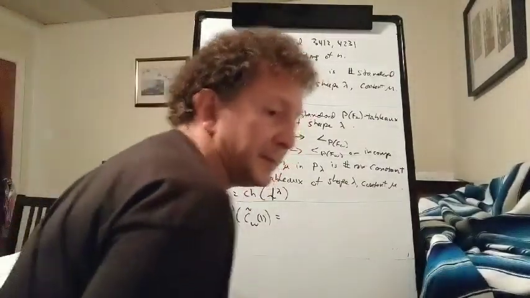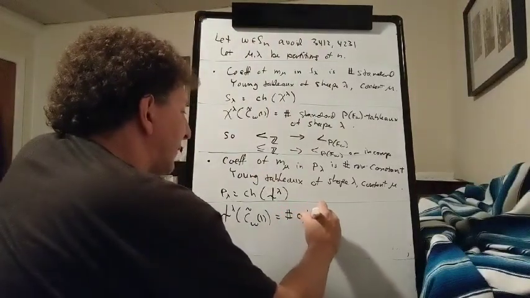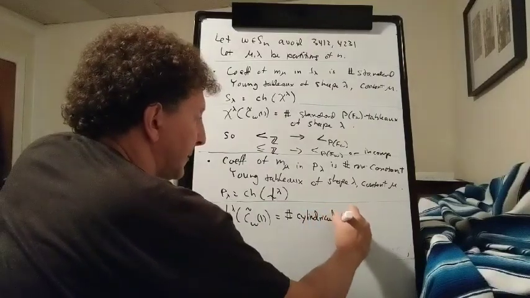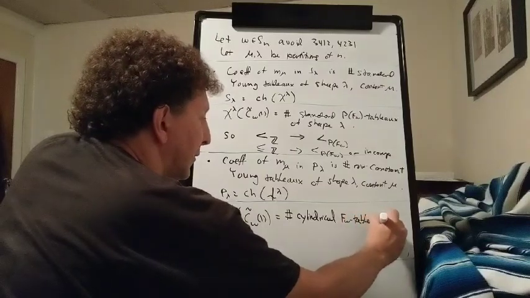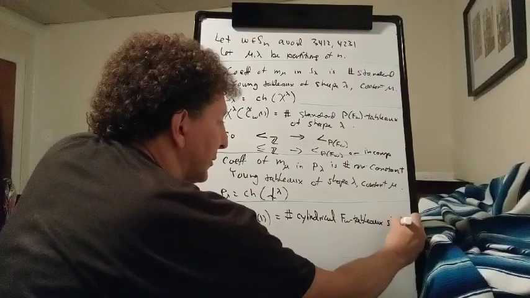So we get the number of cylindrical F_w tableaux of shape lambda.